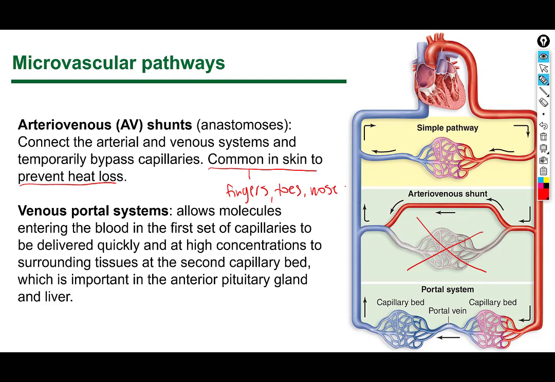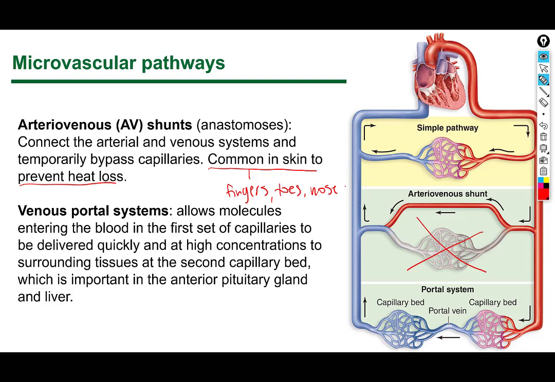That's also one of the reasons why when frostbite happens, the body parts that tend to be lost are anywhere with an AV shunt. The AV shunt closes due to the cold, it stays closed, and then if the tissue freezes subsequently, there's no way to repair it because blood can't go there to initiate inflammation, so you end up losing the digit.